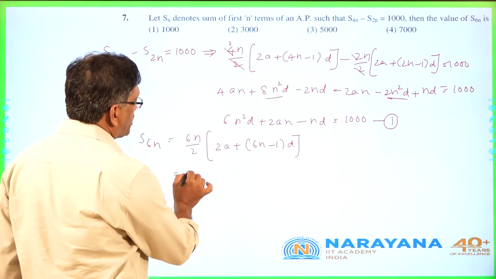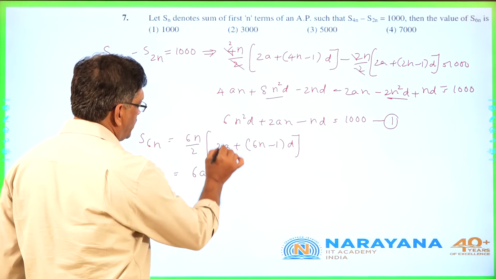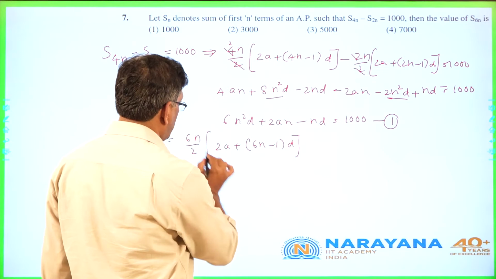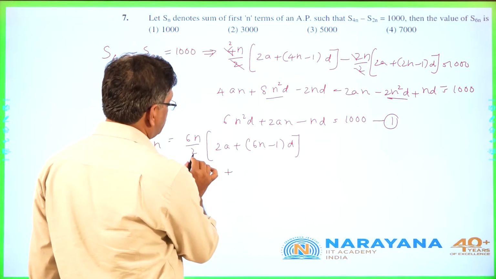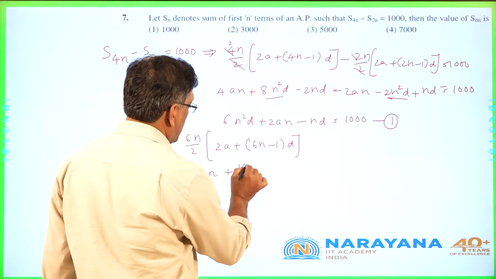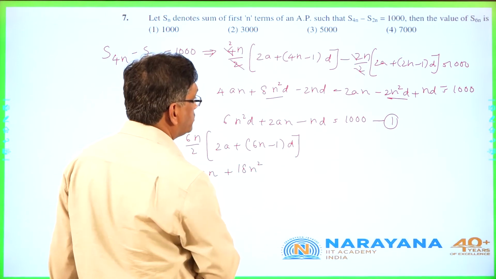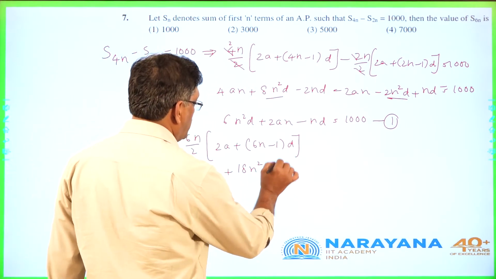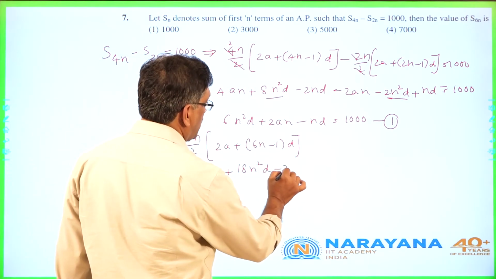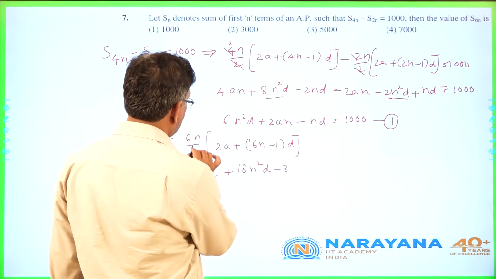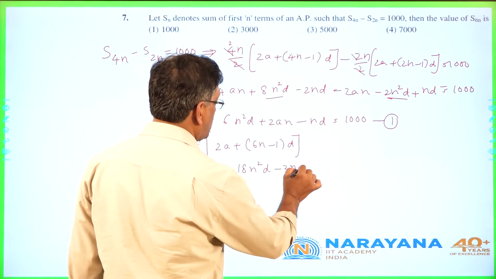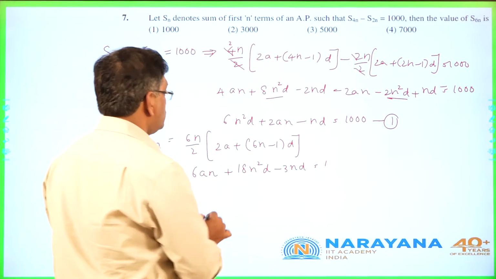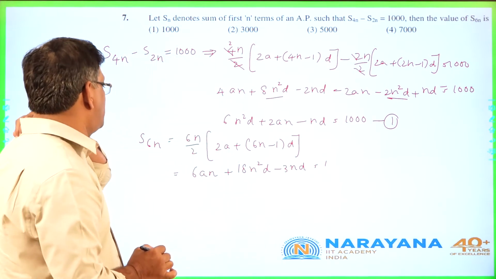When you open the brackets, 2 cancel, it is 6an plus, next here 6 times 3, that is nothing but 3n, 18n square d, next 3 times minus nd, that is minus 3nd is equal to, from all these things I can take 3 common.